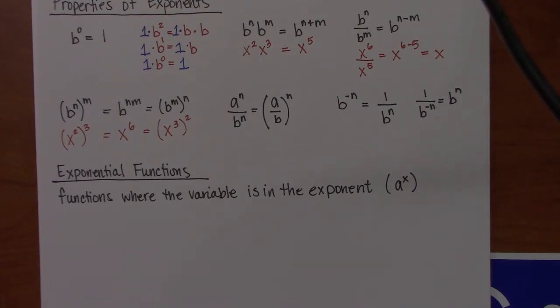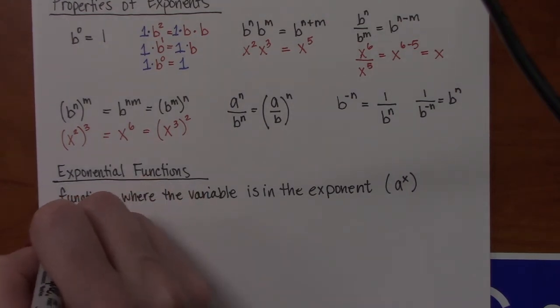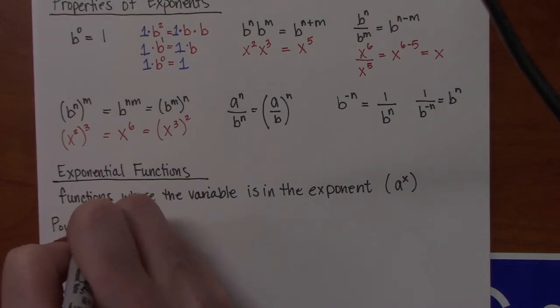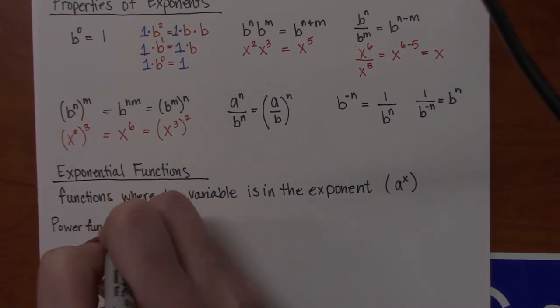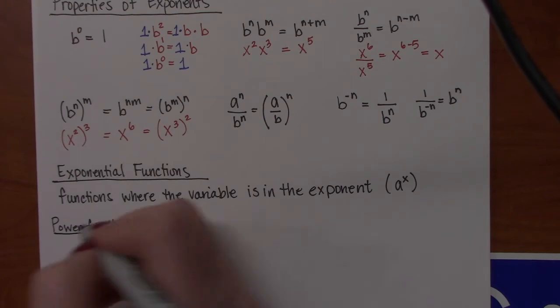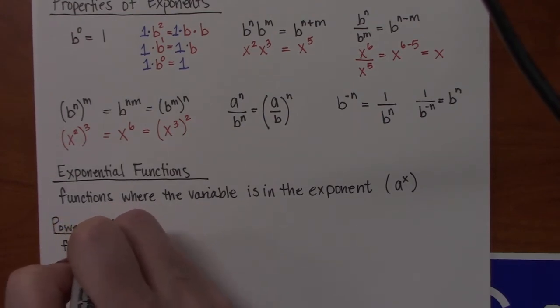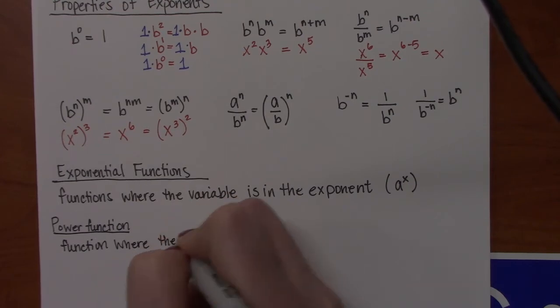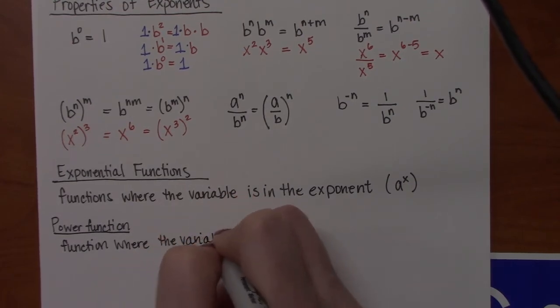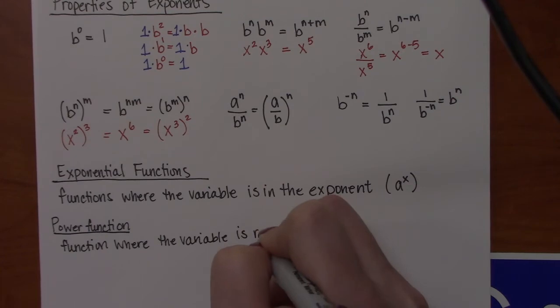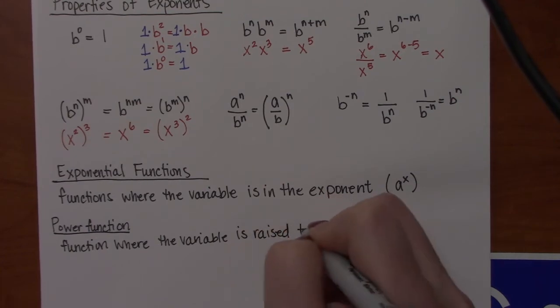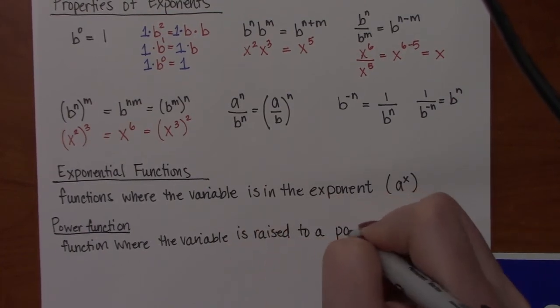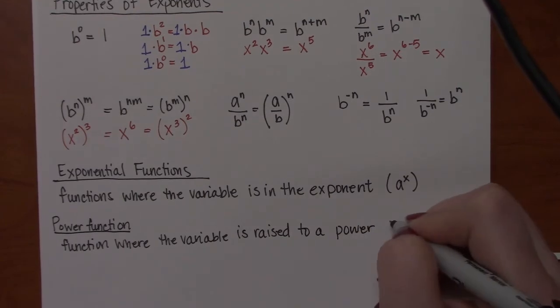Up until now, primarily what we've seen, and there's no real formal name for this, but I'm going to call it a power function, right? That's a function where the variable is raised to a power.